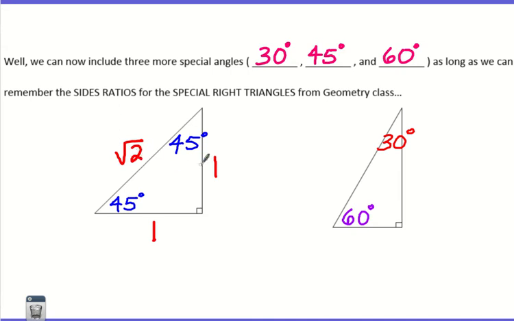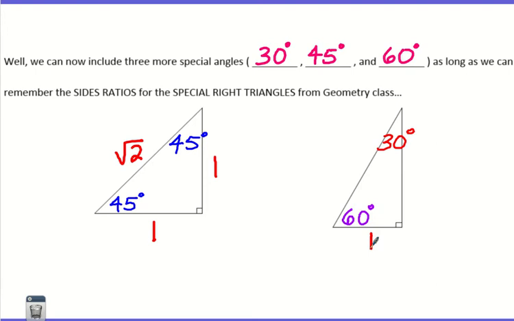Okay? Now, in Fetchko's class or whoever's class, you might not have written it exactly like this. It might have been like x, x, x root 2 or something else, but basically it meant the same thing. And how about the 30, 60, do you remember how that kind of worked? Well, what if I said that was 1?